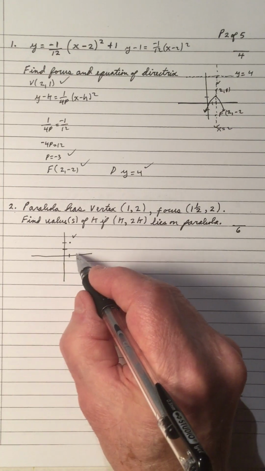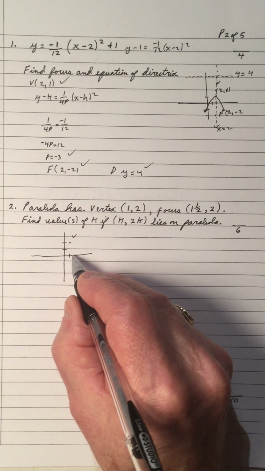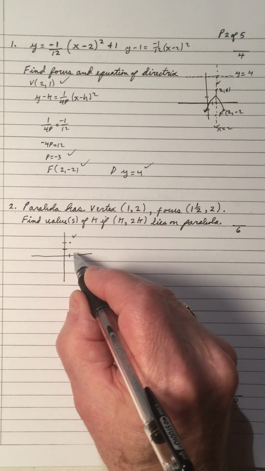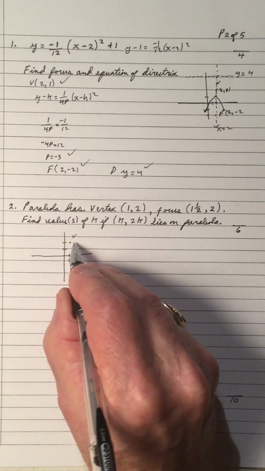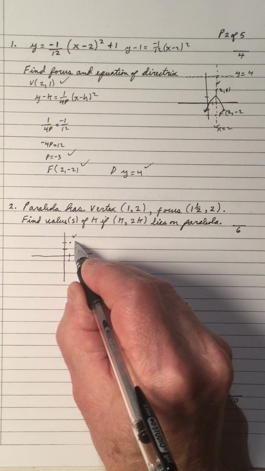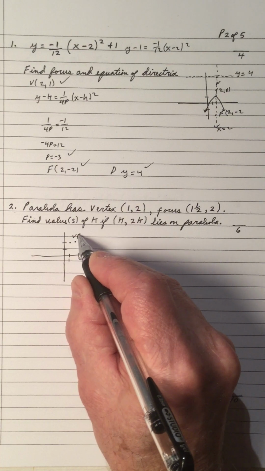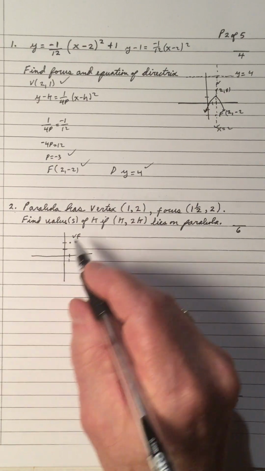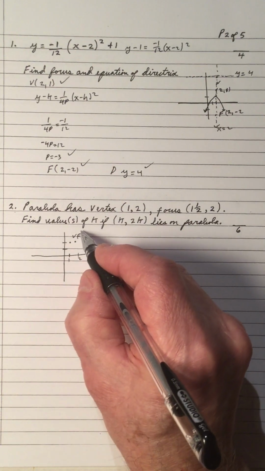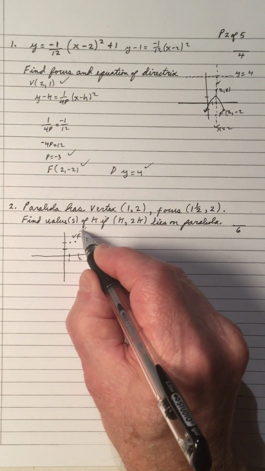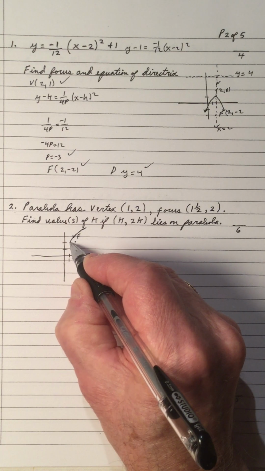The focus is x is 1.5. And so let's say that's 1 and that's 2. So the focus is 1.5, 2, which is right there. And that's because it's going sideways. That means that the parabola is doing this to the focus.